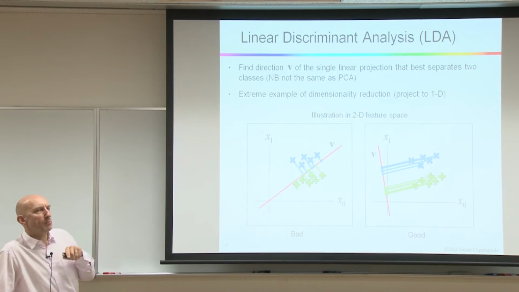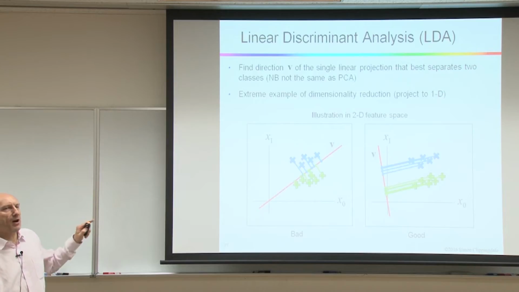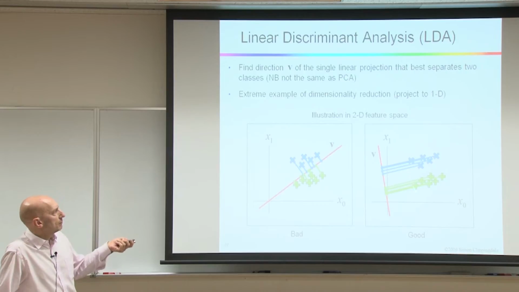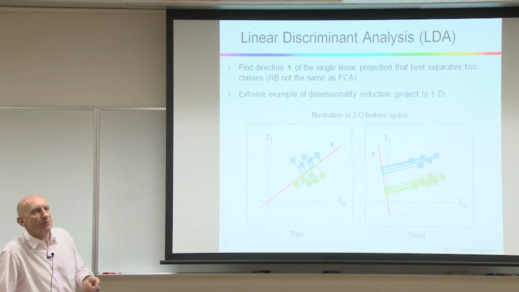So you could probably think of examples where they are equivalent, where the biggest principal component is the same as the best projection of the data, but in general they're not the same.